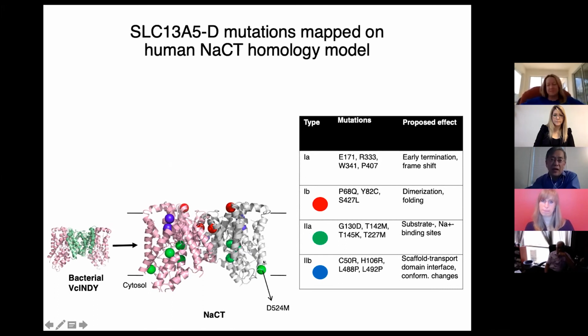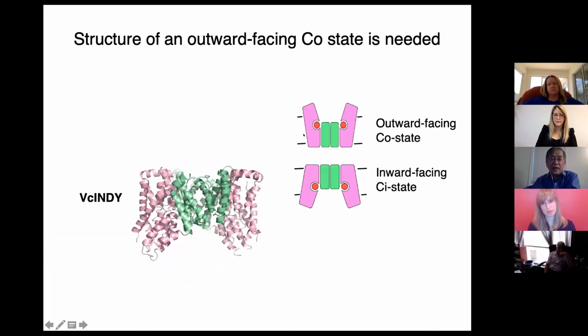We didn't know how this one would abolish substrate transport. The reason, we thought, was probably because we only have the structure of one state, the inward facing state of the protein, not an outward facing state. So we couldn't use modeling to understand this.